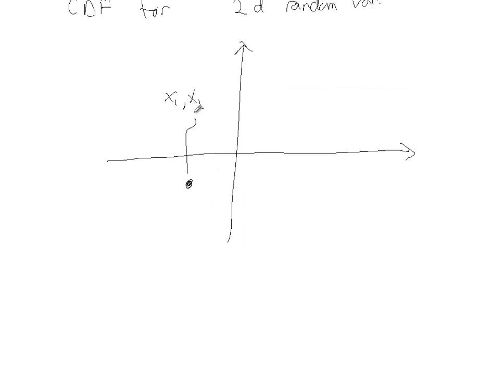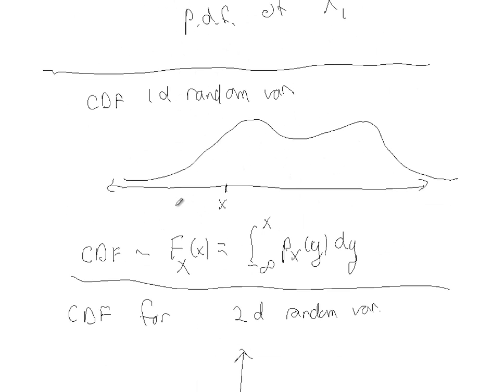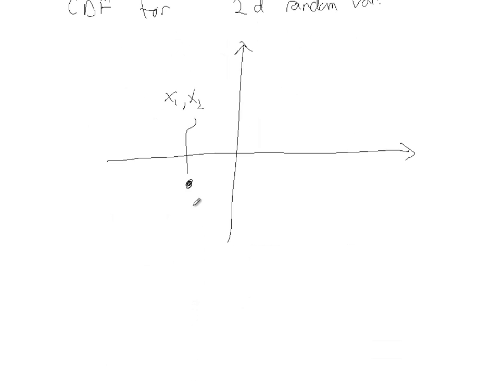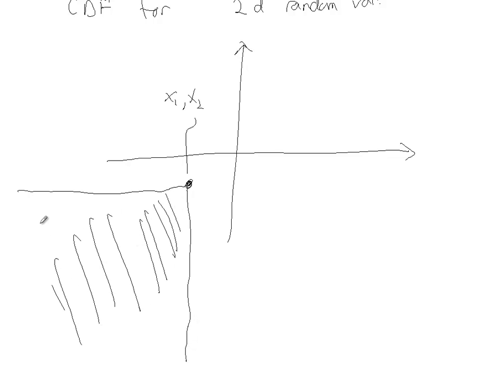In one dimension we integrated up to a point, and the CDF was this area here. How do we integrate up to a point in two dimensions? We should include all of the x1 values smaller, and all the x2 values smaller. So the CDF in two dimensions corresponds to the probability of this area here.